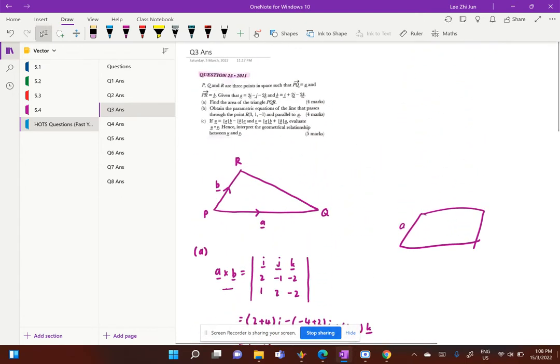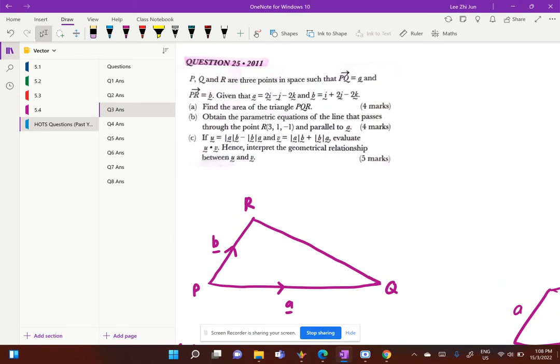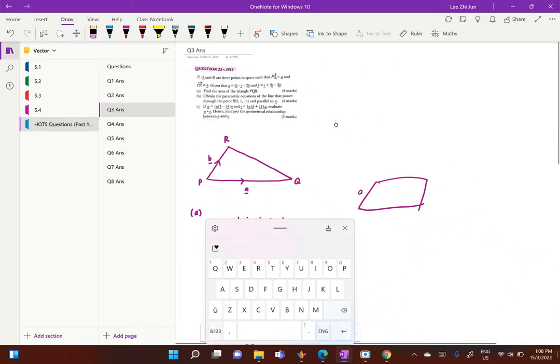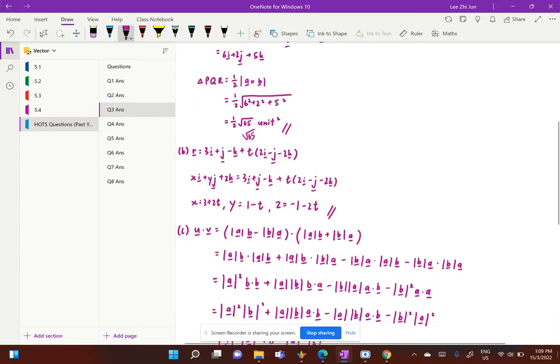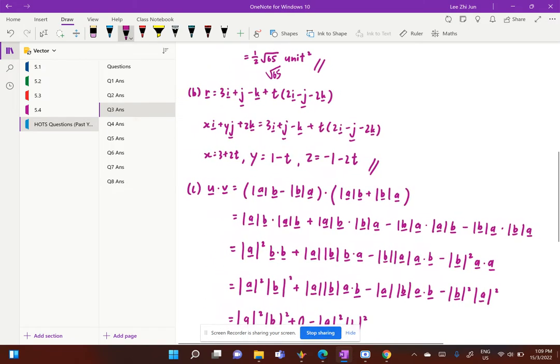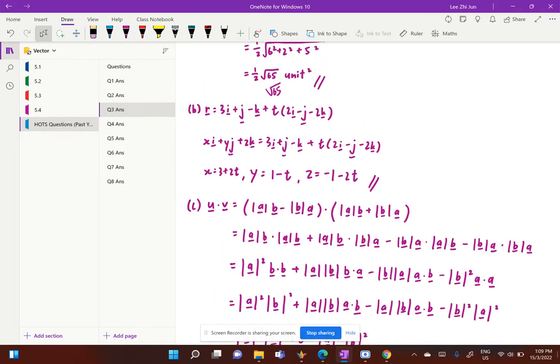Okay. So next, obtain the parametric equation of the line passing through R and parallel to A. So R will be the fixed point and A is the parallel, the direction vector. For the parametric form, I just write this R as xi plus yj plus zk, and I compare the coefficients of i, j, and k, so I will get x, y, and z.